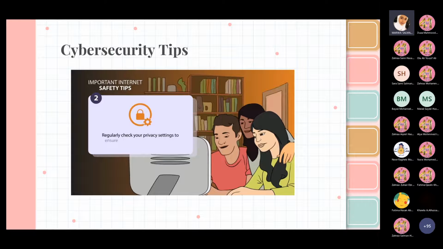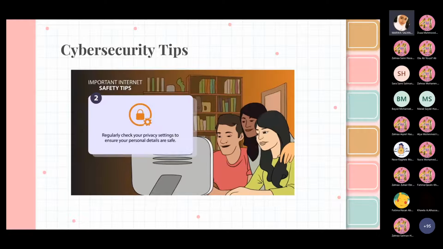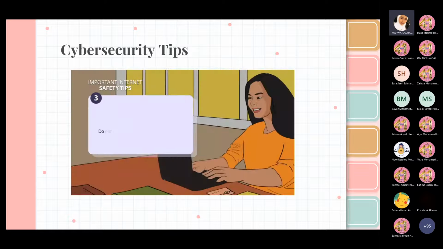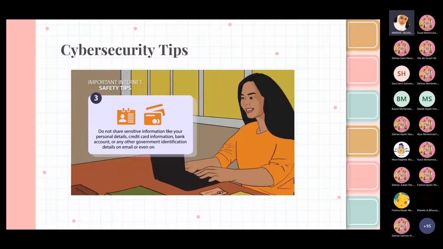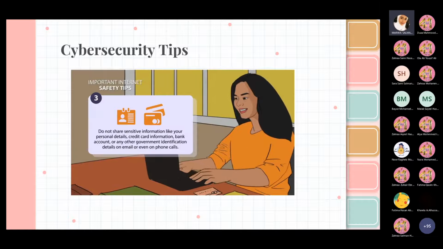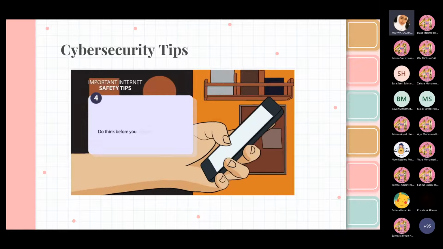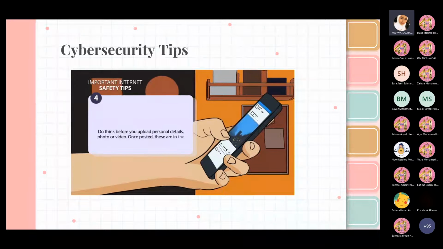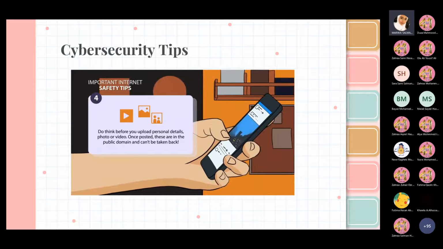Regularly check your privacy settings to ensure your personal details are safe. Do not share sensitive information like your personal details, credit card information, bank account, or any other government identification details on email or even on phone calls. Do think before you upload personal details, photos, or videos. Once posted, these are in the public domain and can't be taken back.